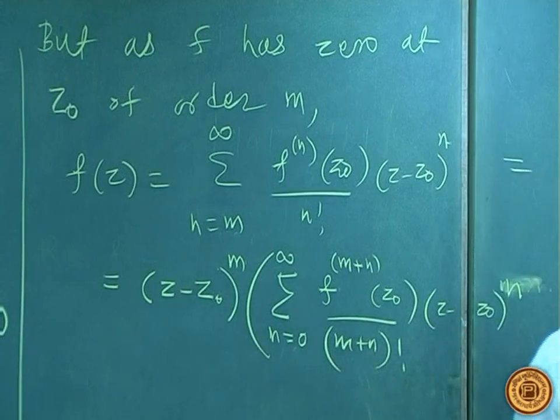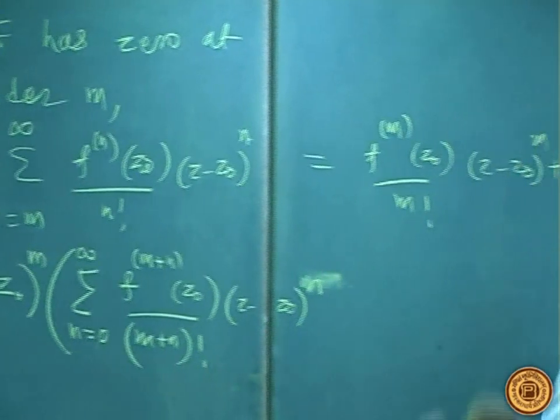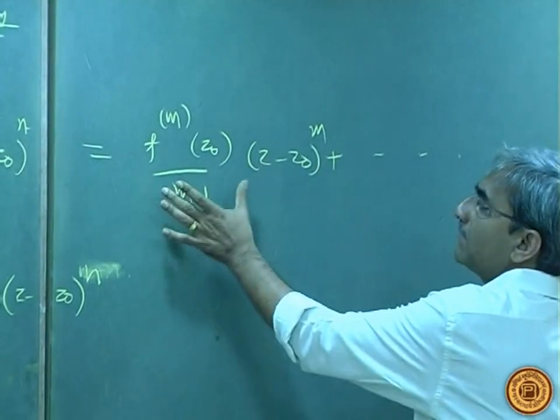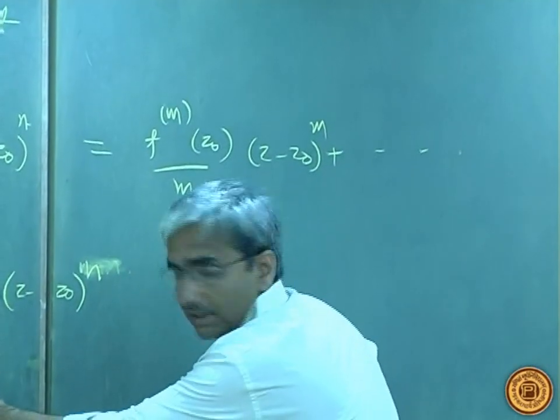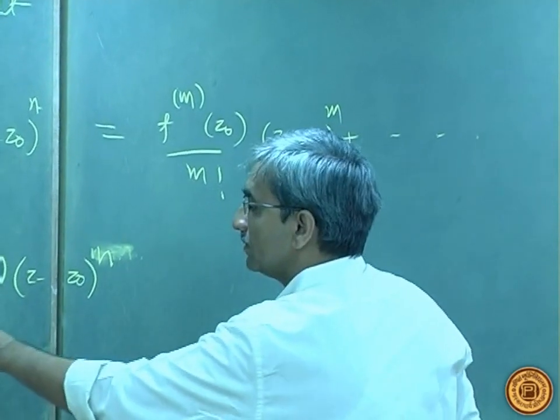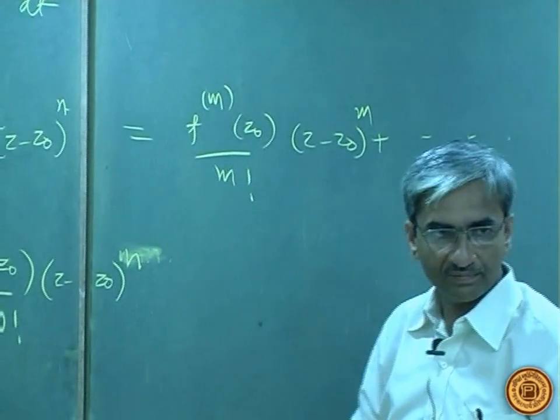So when you take this term outside, this becomes the constant term inside. That is n equal to 0. Is this clear?